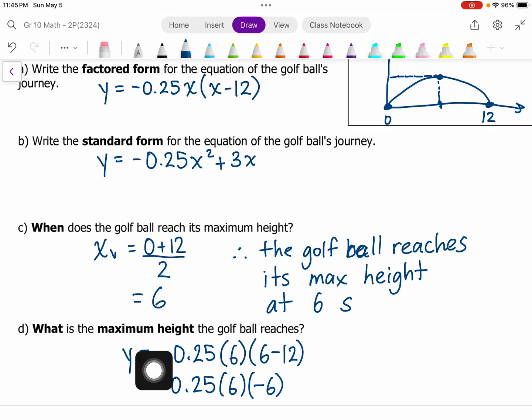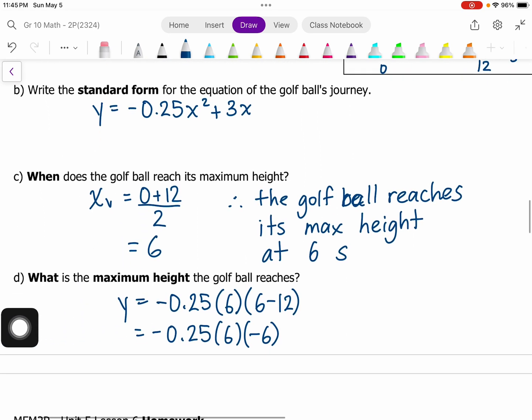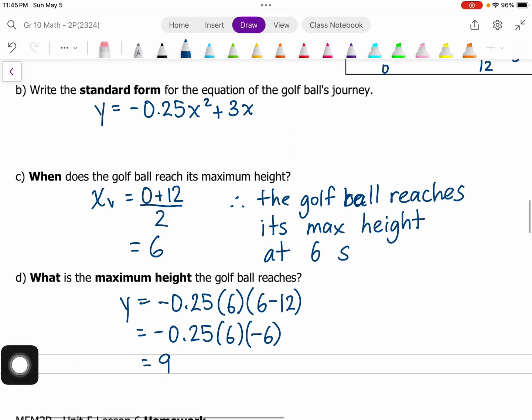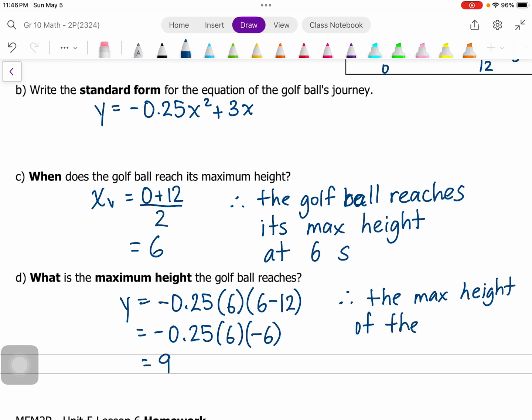So we have two negatives, so that's going to become a positive. 6 times 6 is 36, and times 0.25 is equal to 9. So therefore, the max height of the ball is 9 units. So once again, we're not given any information about units.